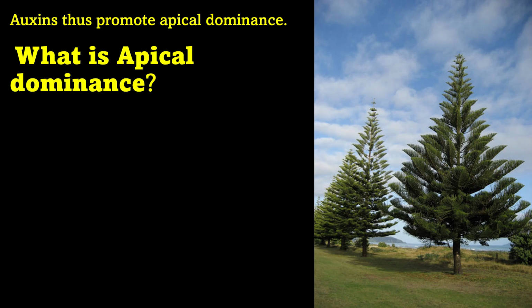This part of the tree here, of this plant, is what is called the apex. Another word for apex is the word tip. So you see, all the leaves and the branches are smaller, but then those at the bottom are larger. And it creates the shape of a triangle with a tip called the apex. This type of growth is called apical dominance.